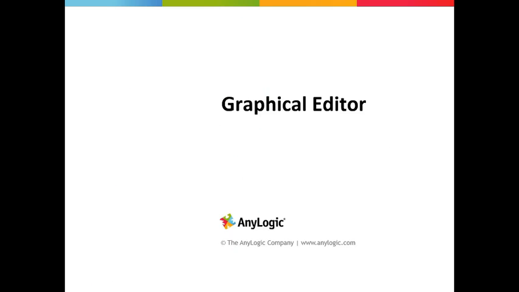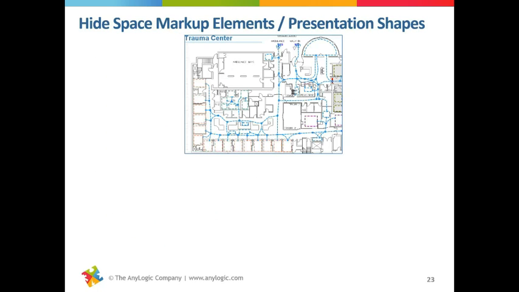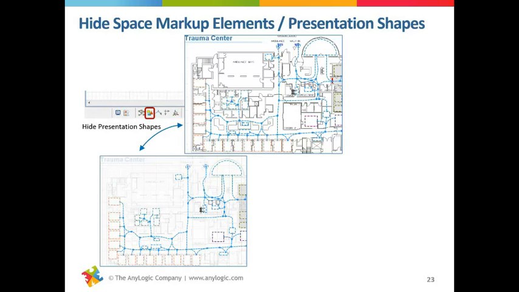Graphical Editor. You can now hide categories of elements in the Graphical Editor, such as presentation shapes, space markup shapes, or system dynamics links. In the Trauma Center example, you can hide the presentation shapes by clicking on the Hide Presentation Shapes icon.